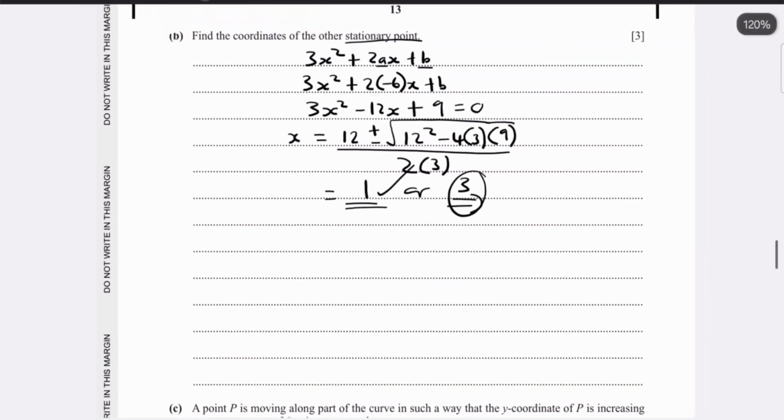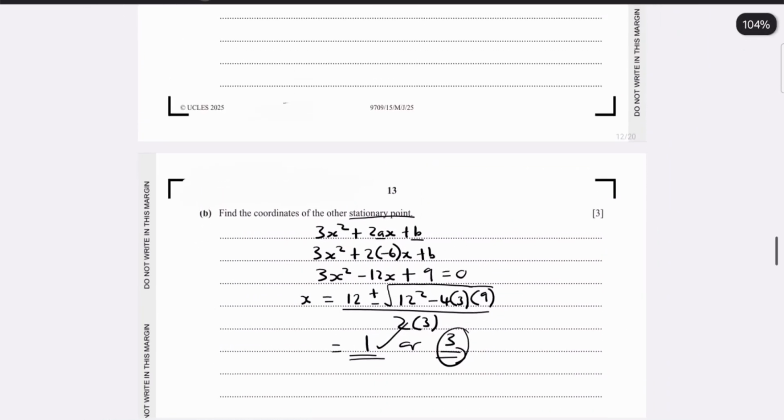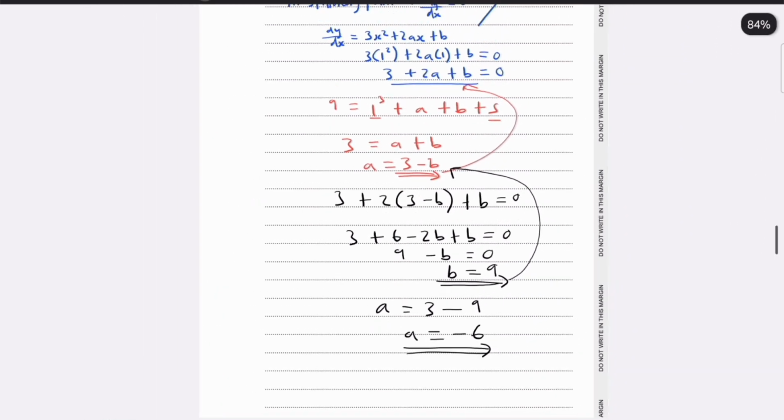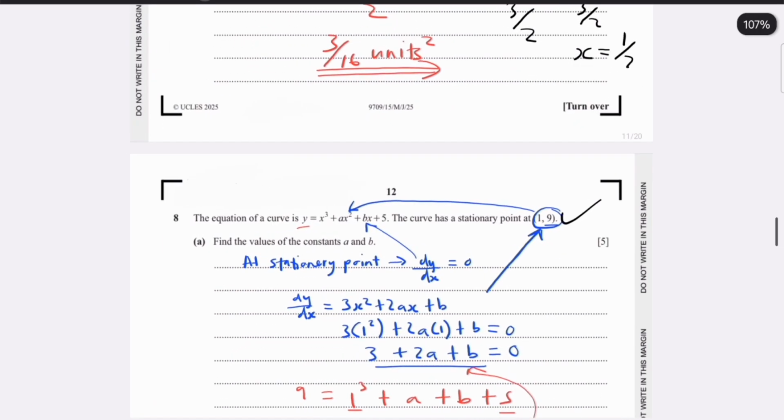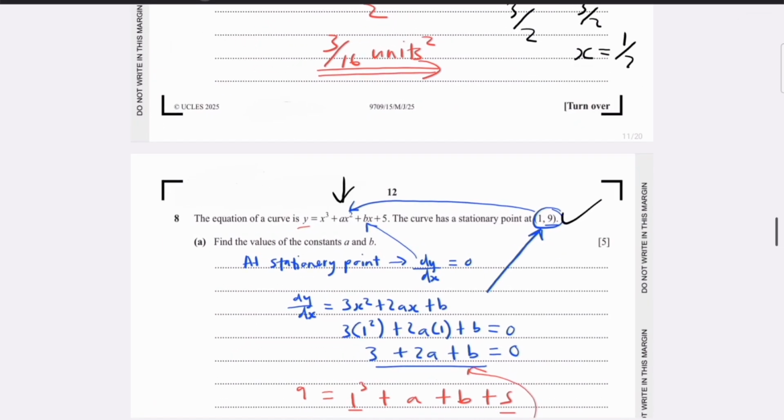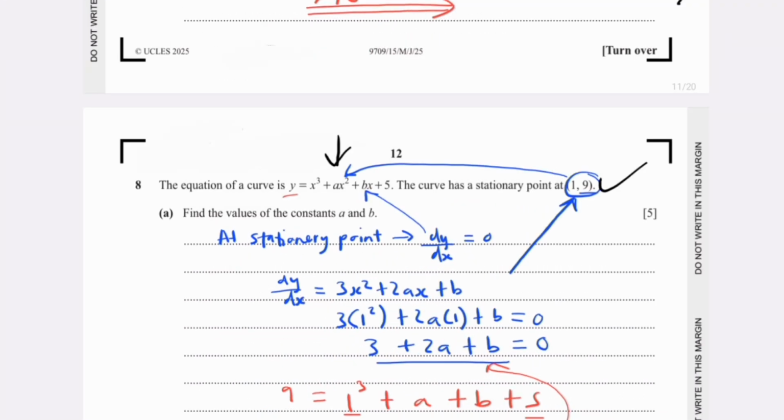And for the 3, we're going to try and find the y coordinate. So we're going to substitute 3 into this equation, right? 3 to the power 3 minus 6 times 3 squared plus 9 times 3 plus 5.